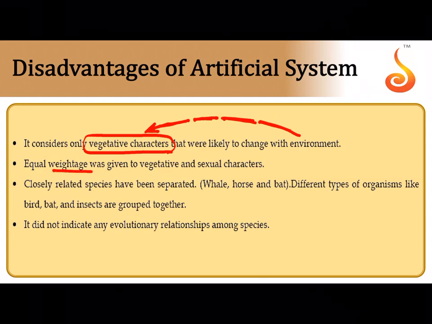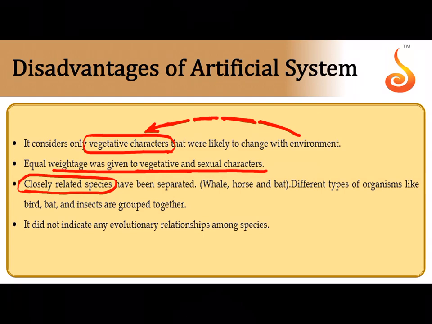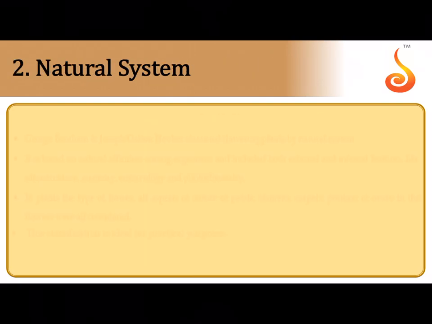Equal weightage was given to both vegetative and sexual characters, although vegetative characters, like we saw, are likely to change with environment. And like I said, if you take only visible characters into consideration, you will end up separating closely related species. And it does not take any account of evolutionary relationships or phylogenetic relationships.